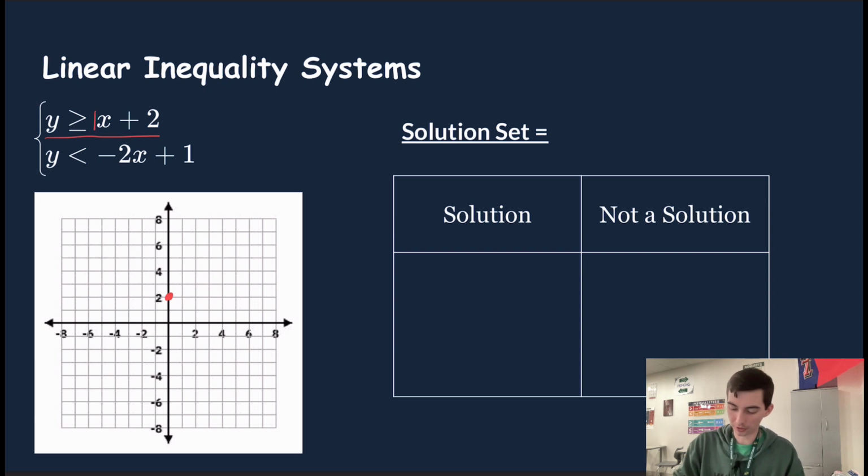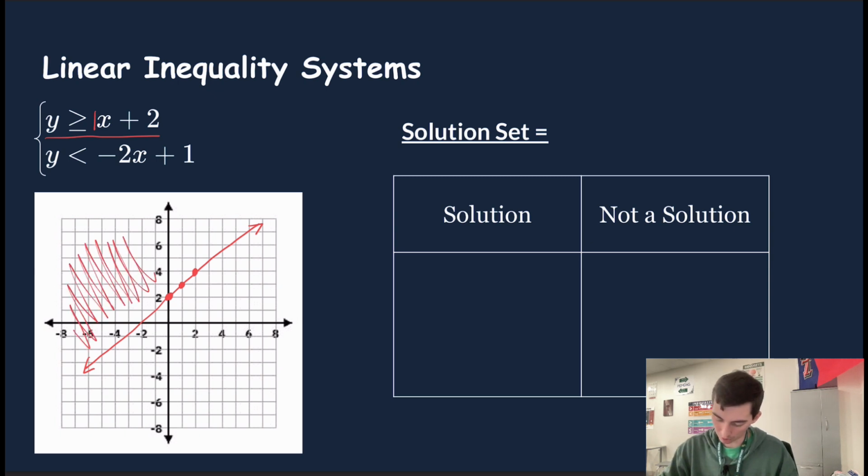My slope here is just 1, which means I go up 1 and over 1, up 1 and over 1, like so. Now this is a greater than or equal to, so I'm going to connect these points with a solid line. Now I want to shade, since this is an inequality. I'm going to shade everything above the line, since this is a greater than symbol. So all of these points are solutions to this first linear inequality.